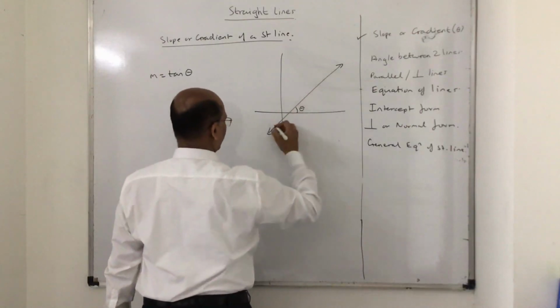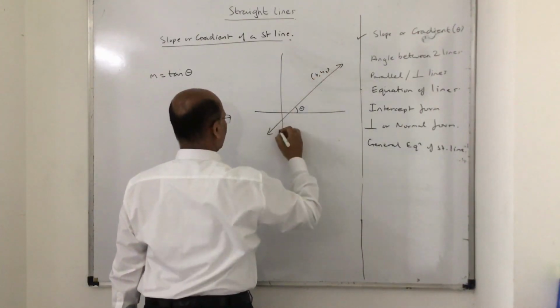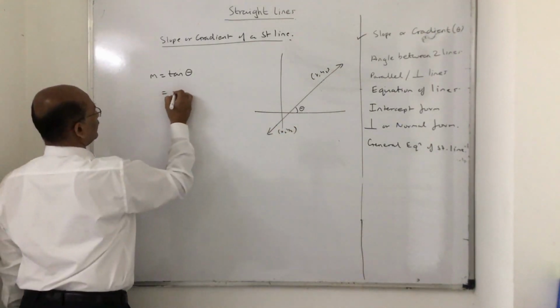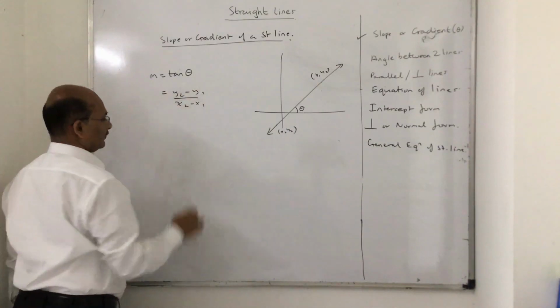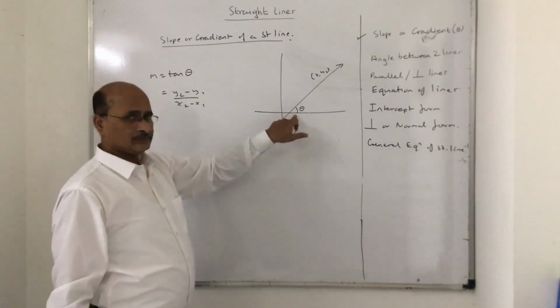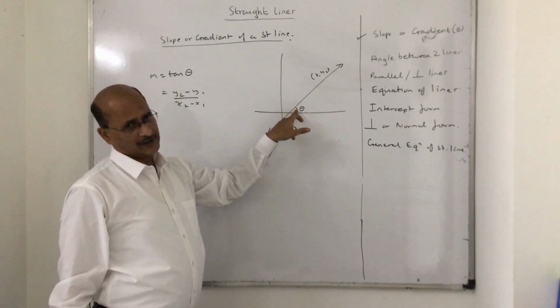If there are two points on the line, say x1 y1 and x2 y2, then the slope is also given by y2 minus y1 upon x2 minus x1. Theta is the angle made by the straight line in the positive direction of the x-axis.